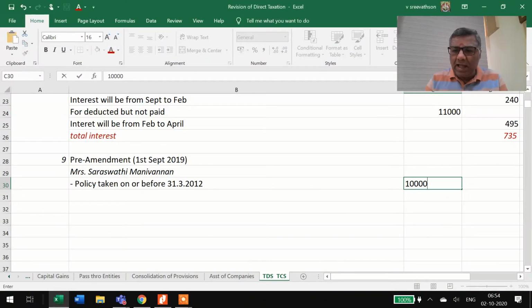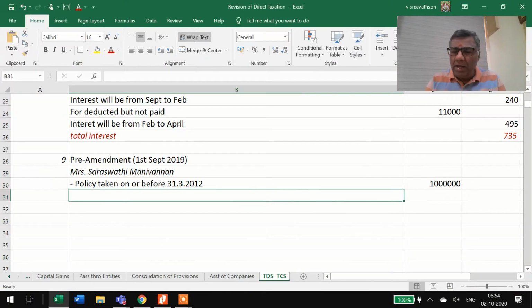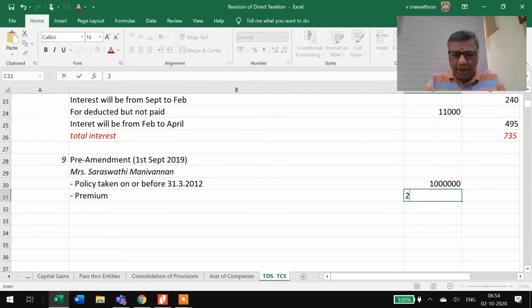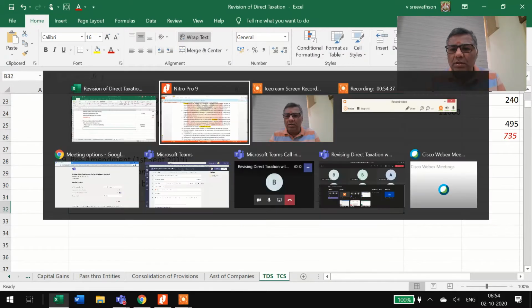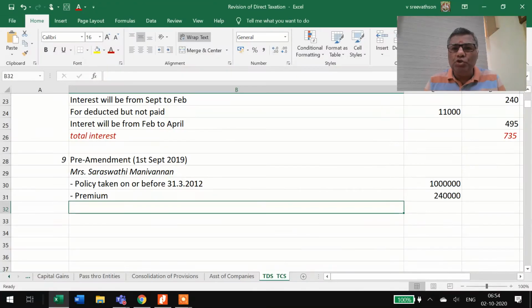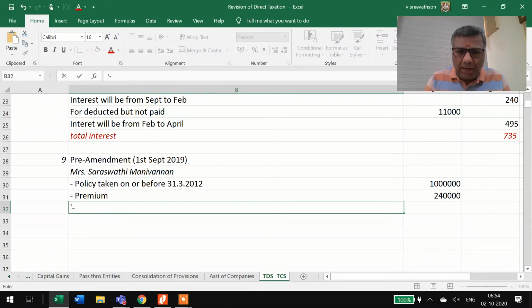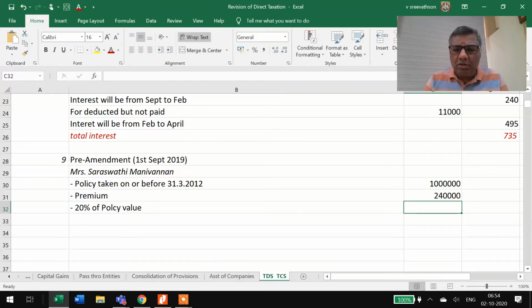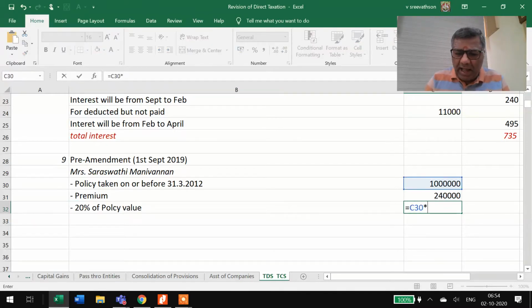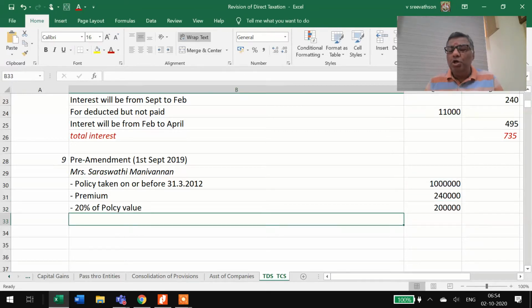The premium paid amounts to 2,40,000. 20% of policy value is 10 lakhs into 20%, 2 lakhs.